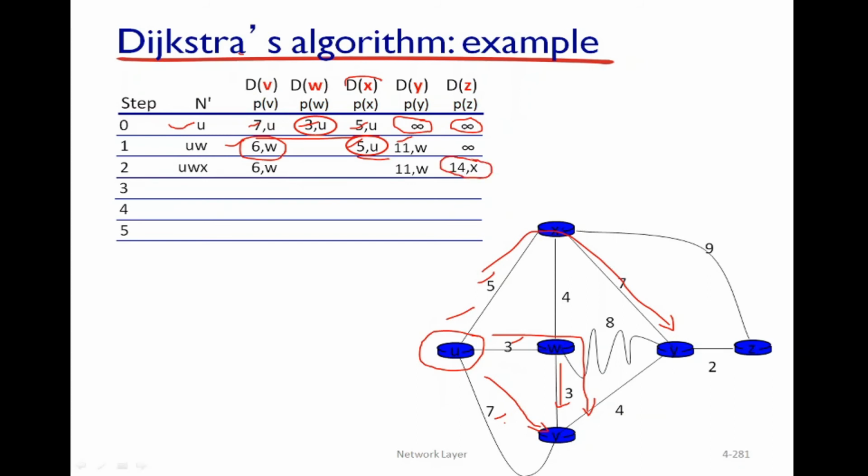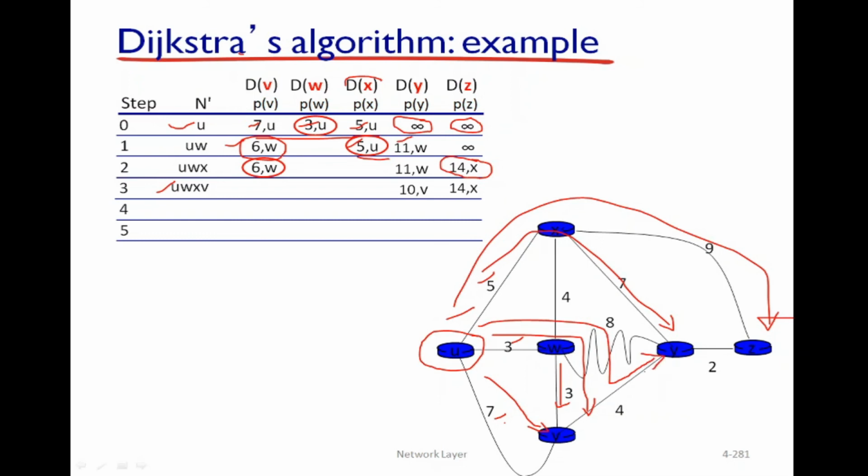The cost for node z is updated as 14 comma x, so this path is updated in this iteration. Then the minimum cost is v, and we consider v in the next iteration. The costs for nodes y and z are updated as 10 and 14. Why 10? You can check this route, u, w, y.